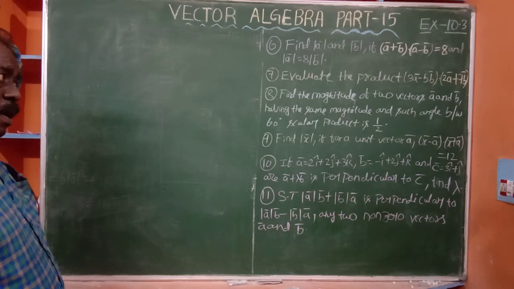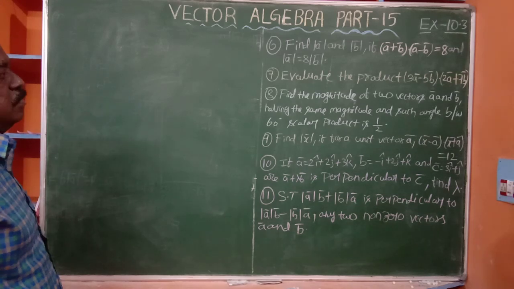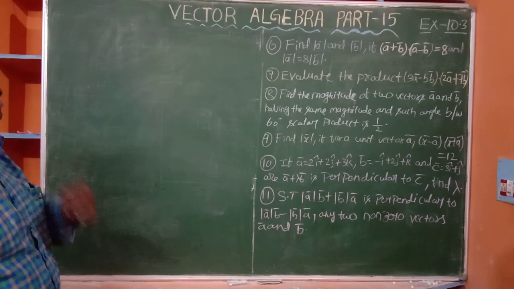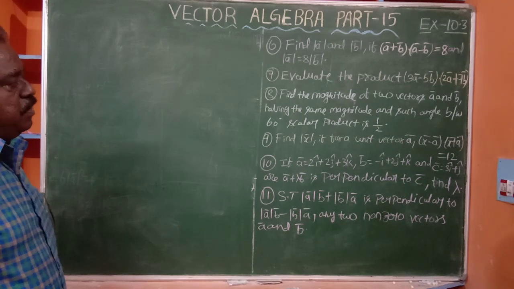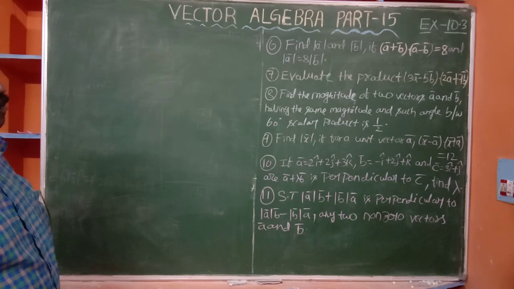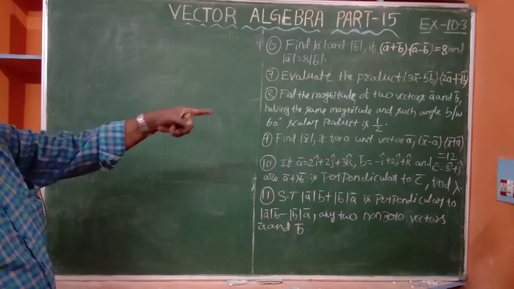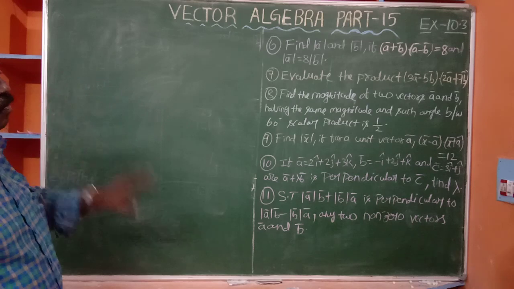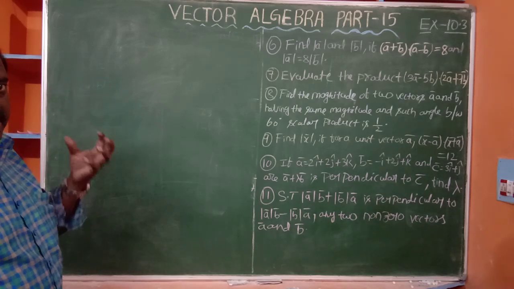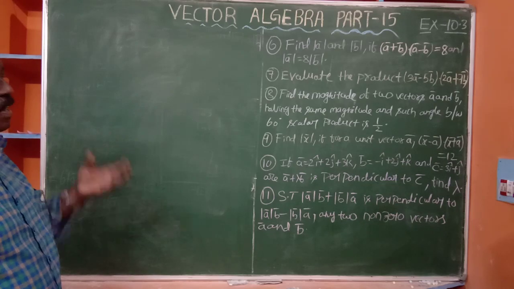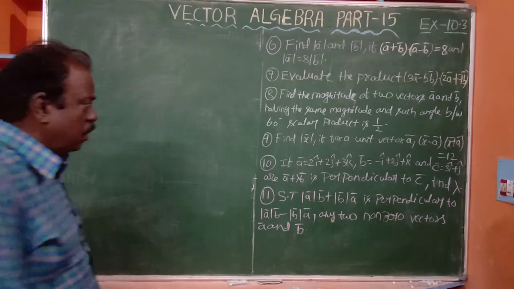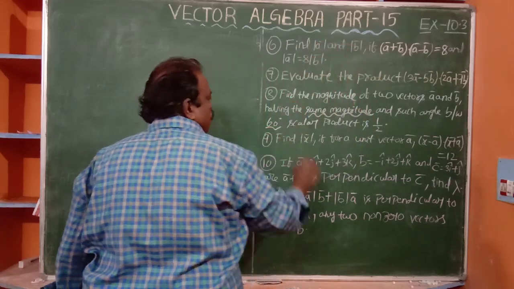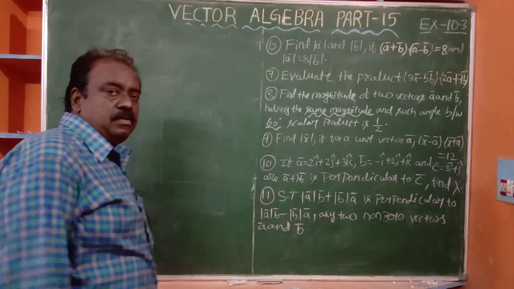Find the magnitude of two vectors A bar and B bar having the same magnitude and such that the angle between those vectors A bar and B bar is 60 degrees. The scalar product is 1 by 2. We have to find the magnitude of A bar and B bar, but they are having the same magnitude, that is given. Here it is the same magnitude, the angle is 60 degrees, and the scalar product is 1 by 2.